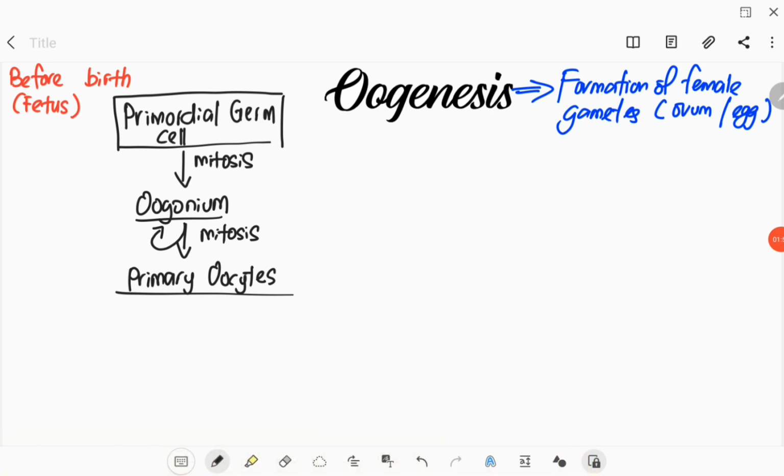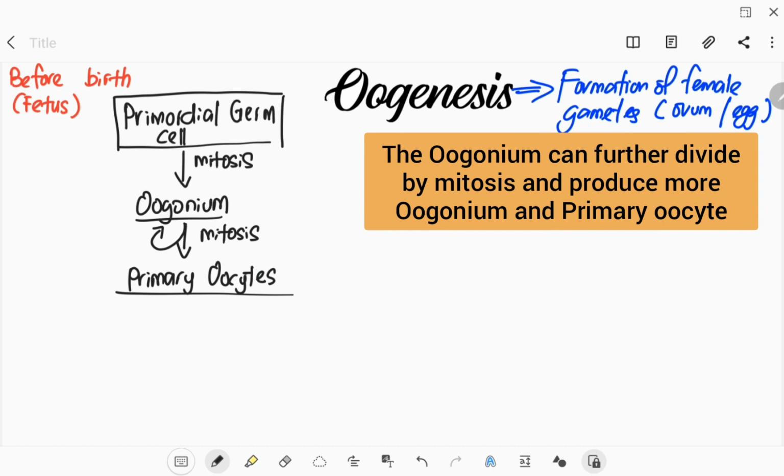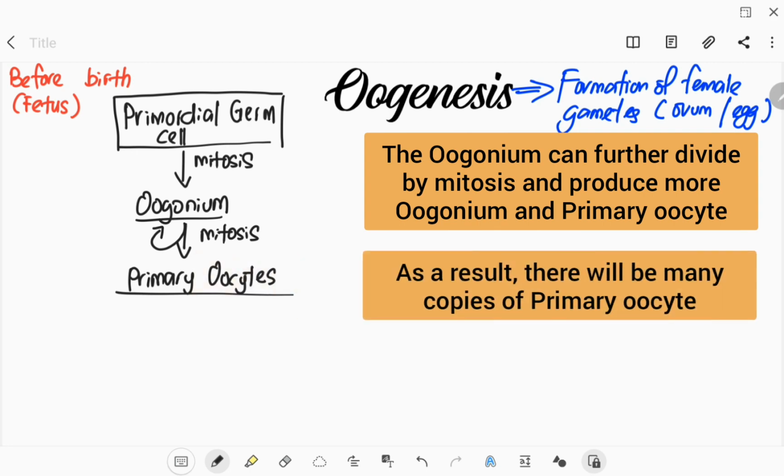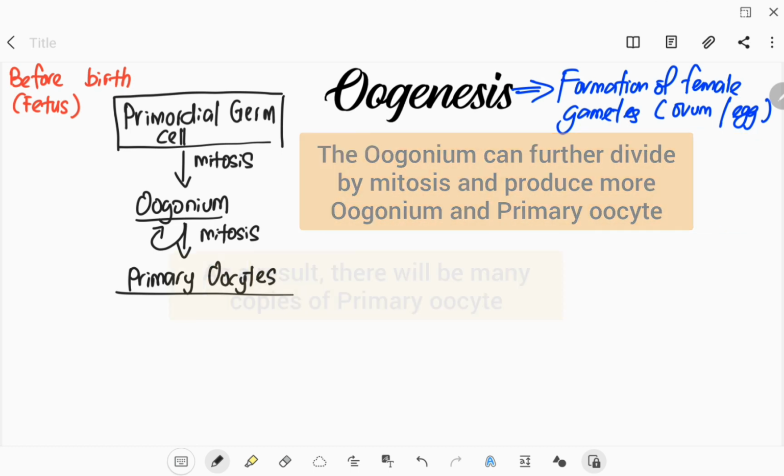So apabila salah satu daughter cell tu remain as an oogonium, that particular daughter cell can further divide by mitosis to produce another primary oocyte and another oogonium. So maksudnya cycle ni akan repeats. So kesannya kita akan dapat many copies of primary oocytes.